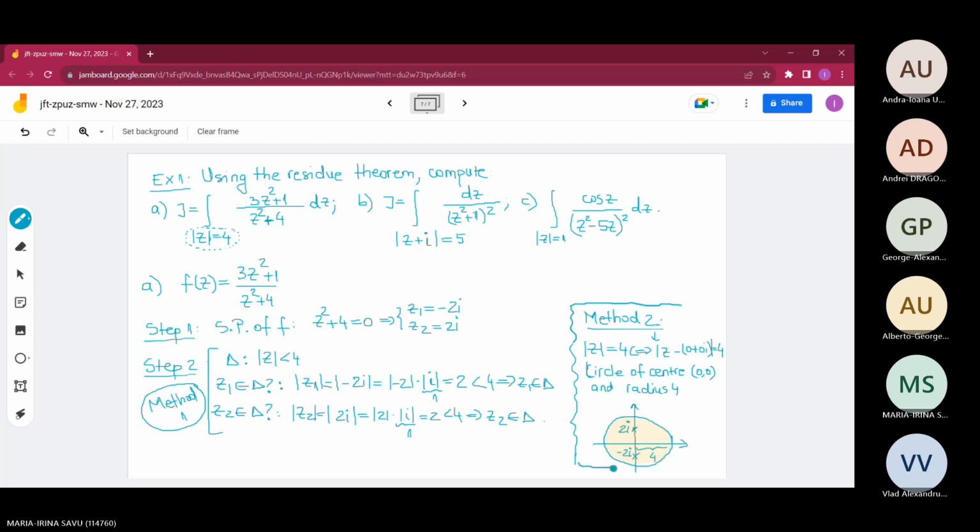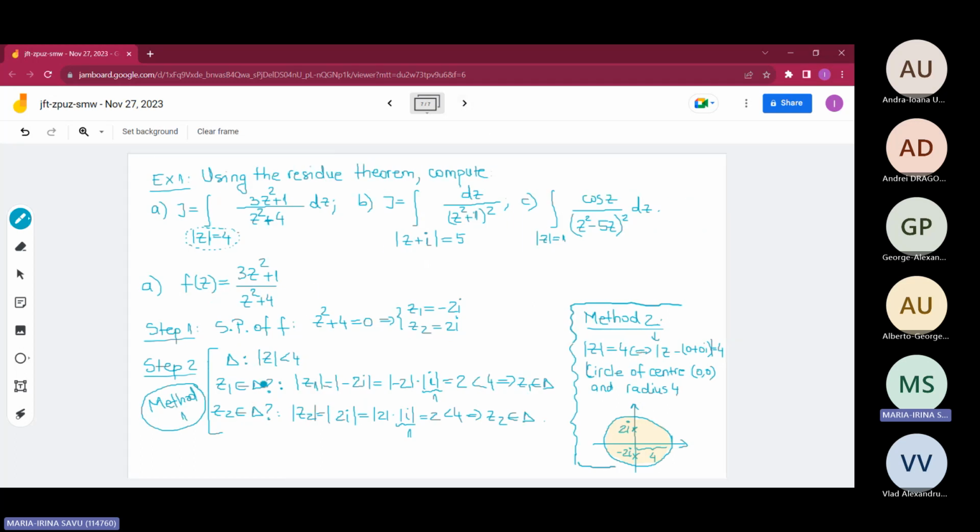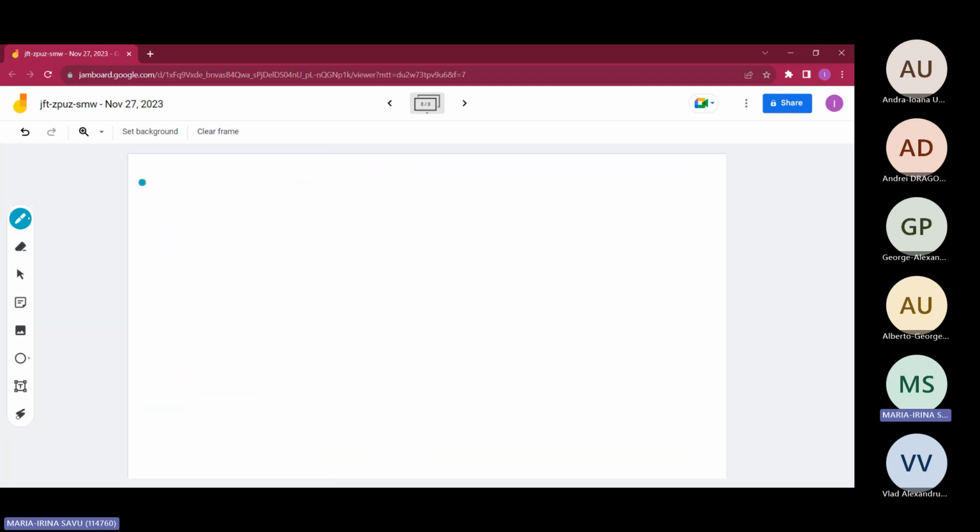Now, let's do step 3. At step 3, we have to compute the residual function in all the points from delta. So let's take first z1 to see what type of point is this one, and then to find the residue. So step 3.